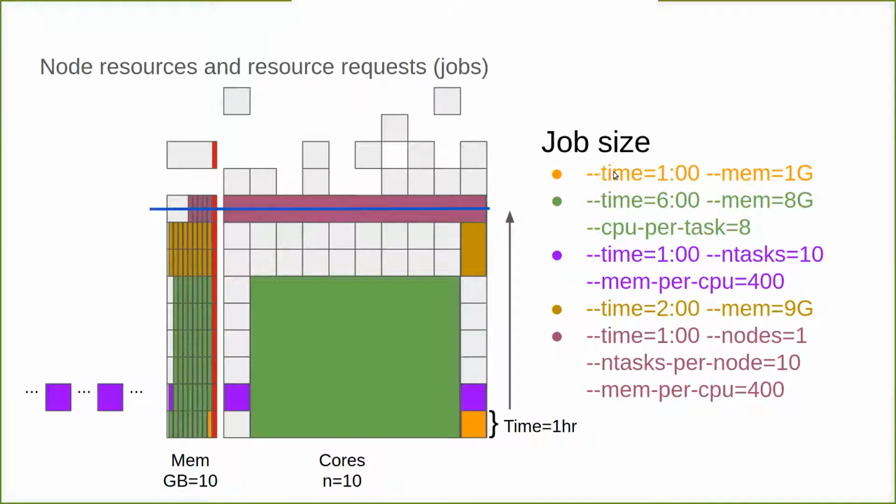Let's take a look over on the right here. We have the job size and the actual definition of the first job at the top of the queue. It's looking to run a job for 1 hour with 1 gig of memory. We see that this job ends up going into the system right now, right here.